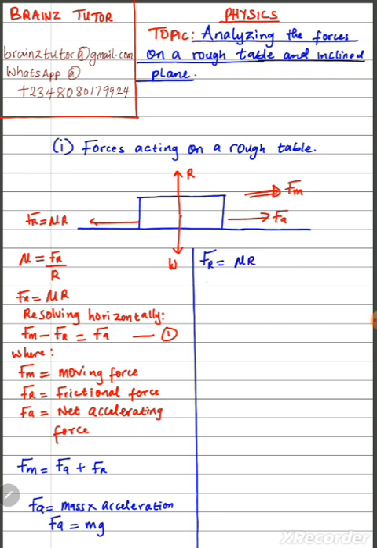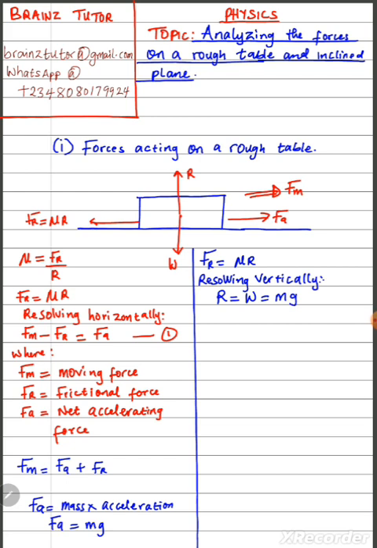Now, the second one is that we are going to resolve vertically. Resolving vertically, we can see R must be equal to the weight, and the weight is usually equal to the mass times acceleration due to gravity.